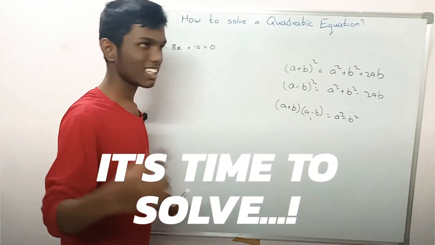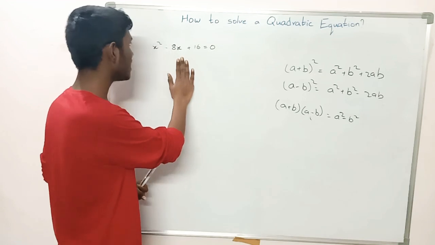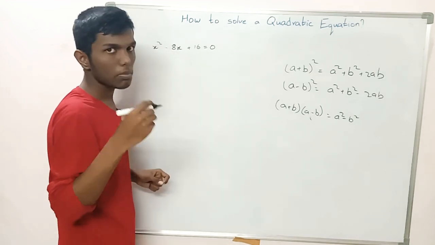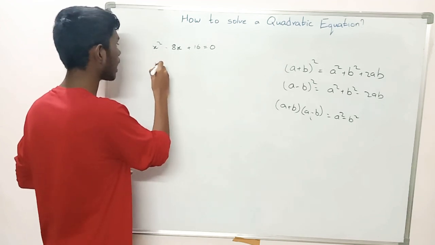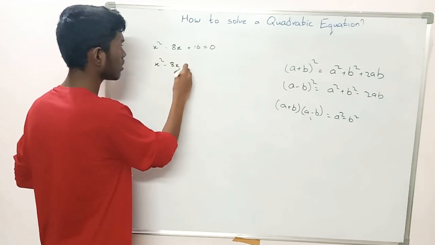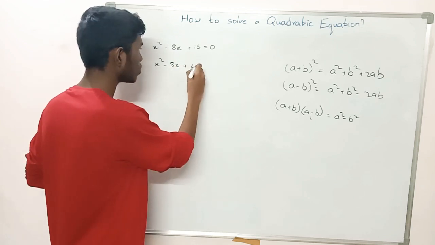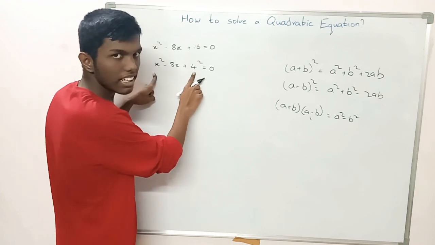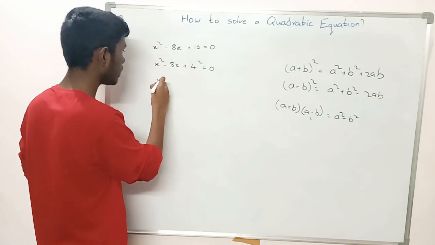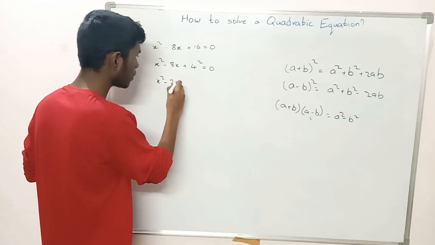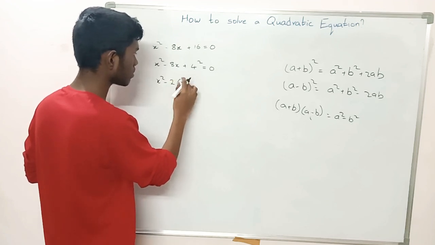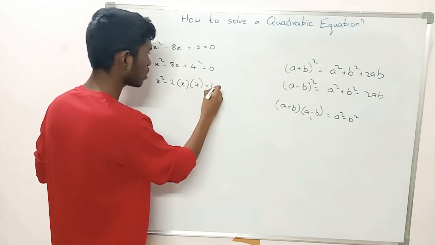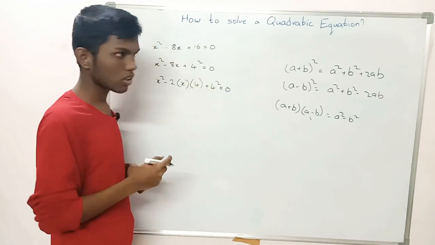Problem number 1. The equation given is x square minus 8x plus 16. If you observe it carefully, we have 16, which is equal to 4 square, and we get 2 into x into 4, plus 4 square, equal to 0.